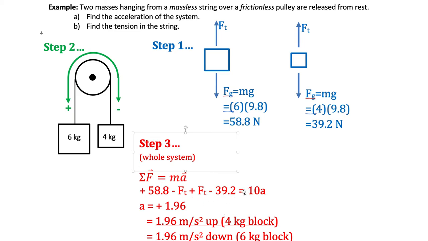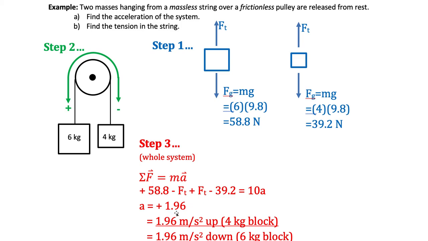What's the mass of everything all added together? 10. And there's the acceleration that I'm trying to solve for. What you're going to notice here is when you go to solve this, first of all, it looks like a lot of stuff you don't know, but this negative Ft and this positive Ft are going to cancel each other out. So you just get 58.8 minus 39.2 equals 10a. You solve and you get a equals positive 1.96.